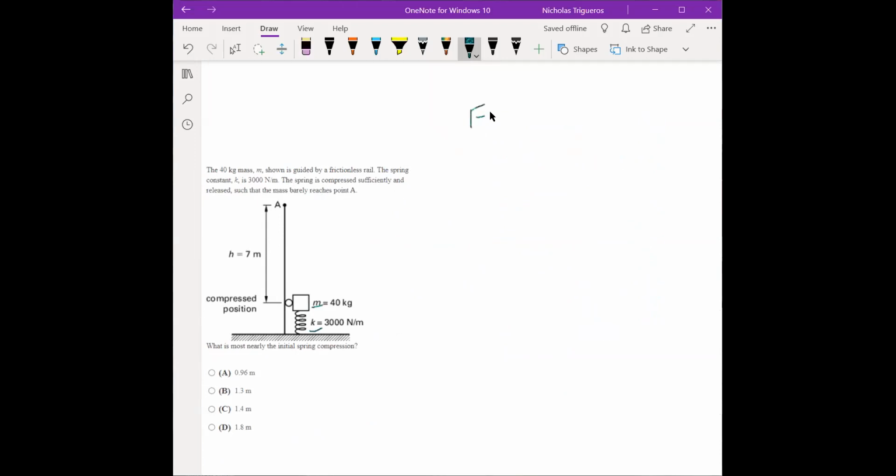If you know F equals Ks, we want to know S, or 1/2 Ks squared, we want to know S. So we know that the bottom of this system is going to have a particular energy. And due to the conservation of energy, we know that the top is also going to have the same energy. So how do we relate those two? What's the energy of the bottom?